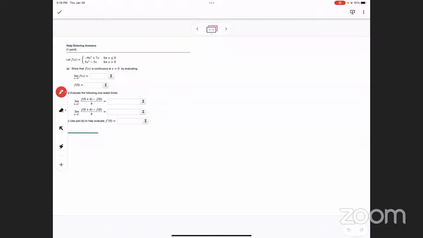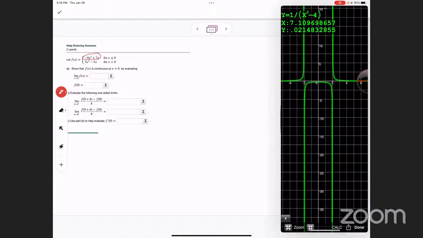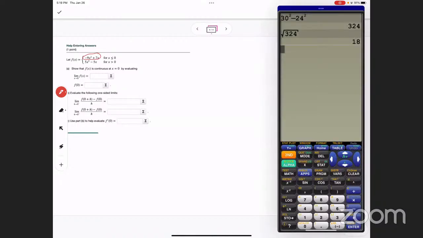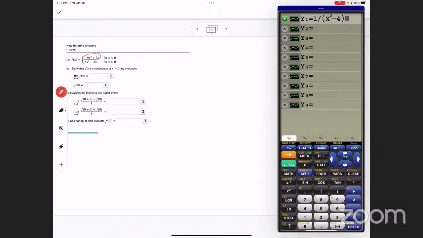Okay. The last page, page 4, show that it's continuous at 0 by evaluating. So to show that it's continuous, basically, this is just a quadratic equation. Here, let's take a look at it on my calculator. Can you see my calculator? Yes. Okay.